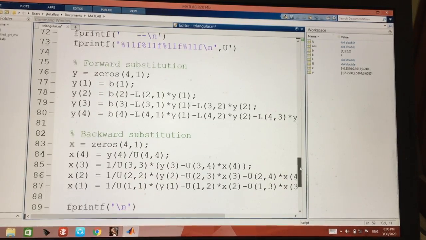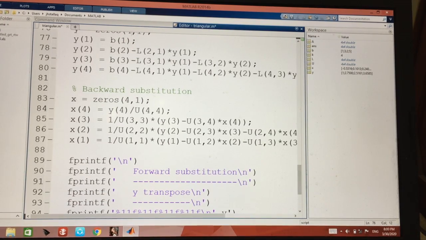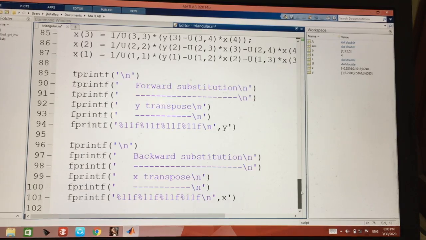When you come to forward substitution, I will create one 5 by 1 instead of 4, y1, y2, y3 is the same way, but you add y5 and modify this equation. For backward substitution, you start with x5 instead of x4 and modify it the same way. I'm sure you'll be able to do that.